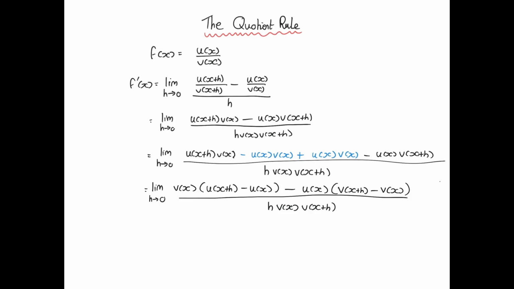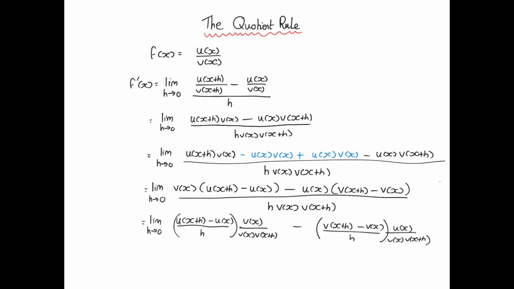With the second pair of terms, I take out a minus u of x, so that inside my bracket I can have v of x plus h, take away v of x. So both of them match. They can both be put over h, which links in with the differentiation from first principles definition.